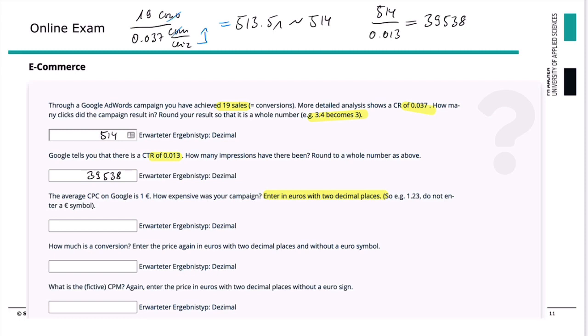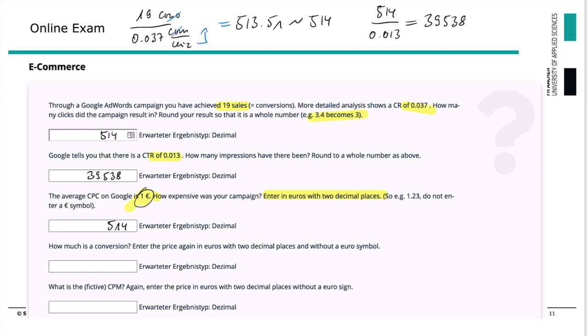The average CPC on Google is €1. Oh, that's good for calculation, but others will have 0.98 or 1.37. So how expensive was your campaign? If I have now 514 clicks, then it's quite easy to calculate the price. It will be for 514 as well.